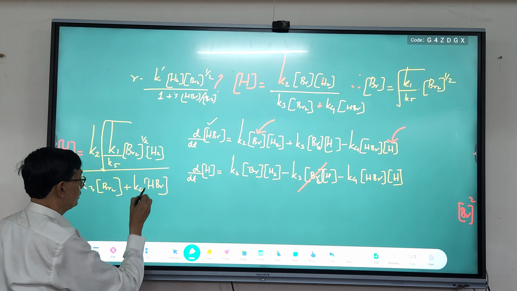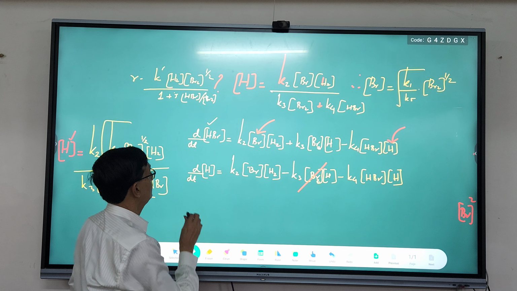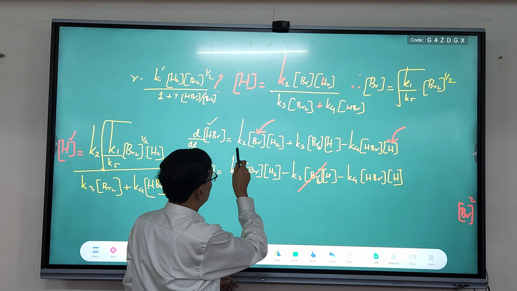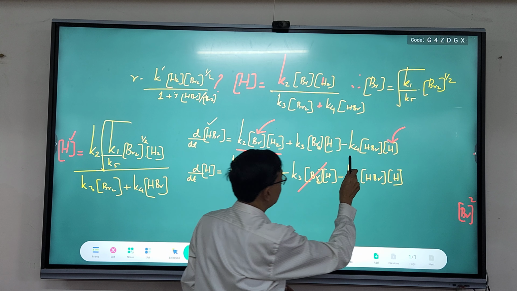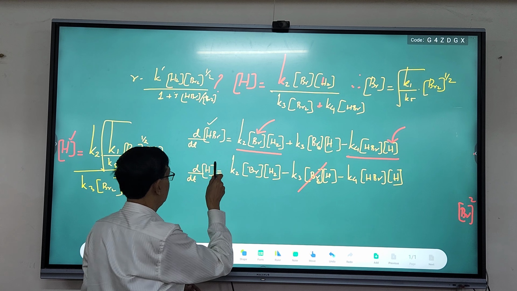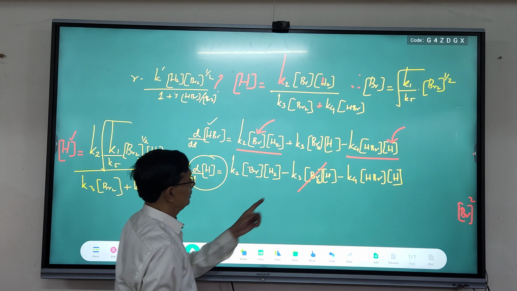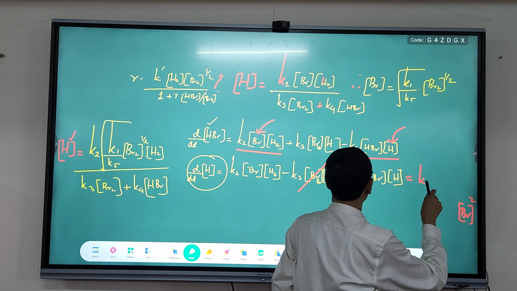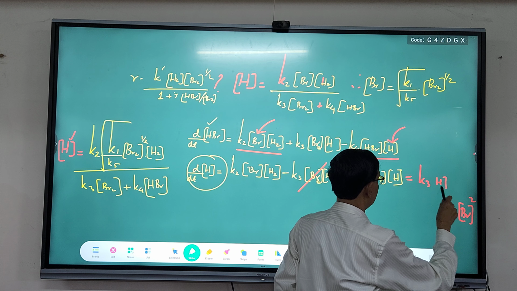Now we have to substitute the value of H in our main equation. Before doing this, what we have seen is that this k2 [Br][H2] minus k4 [HBr][H] is equal to k3 [H][Br2], that part actually.